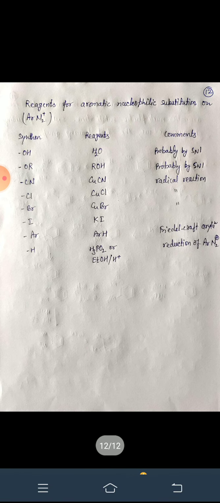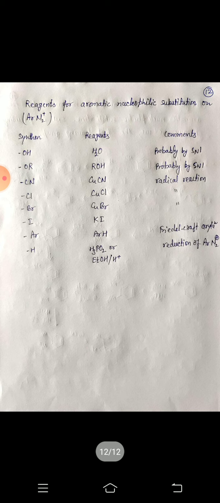For OR synthon, then we have to use ROH, probably SN1 mechanism. If there is CN group, Cl group, or Br group, so we use the CuCN, CuCl, CuBr respectively. And this reaction follows the radical reaction.